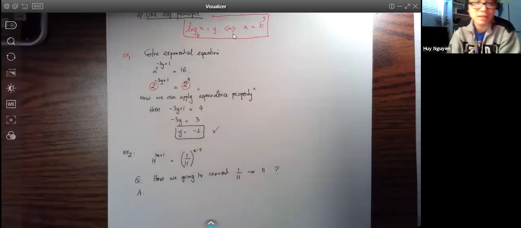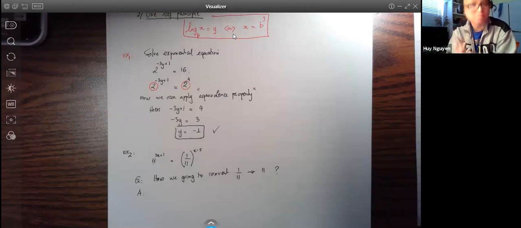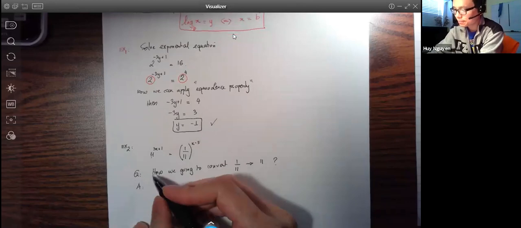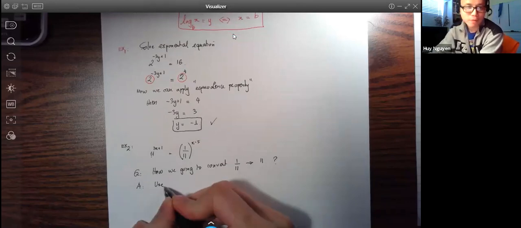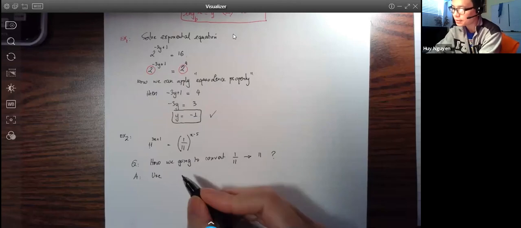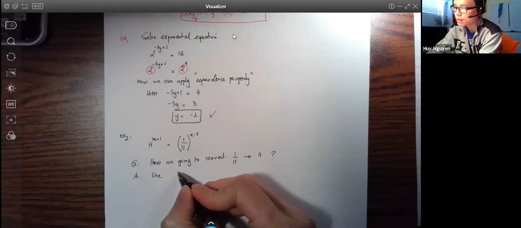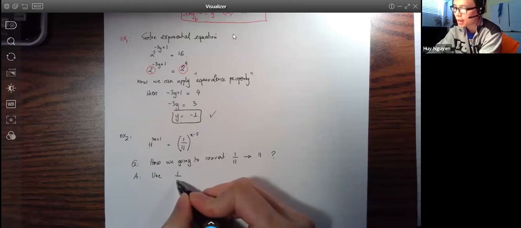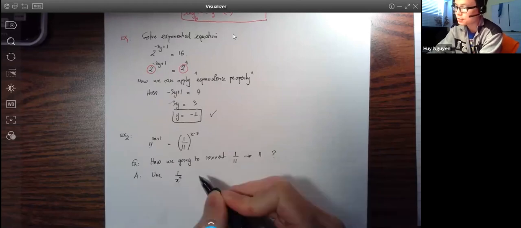It's not the same as 11, but we can. All right, we're going to use one of the formulas we already learned: 1/x to the n is equal to x to the negative n.